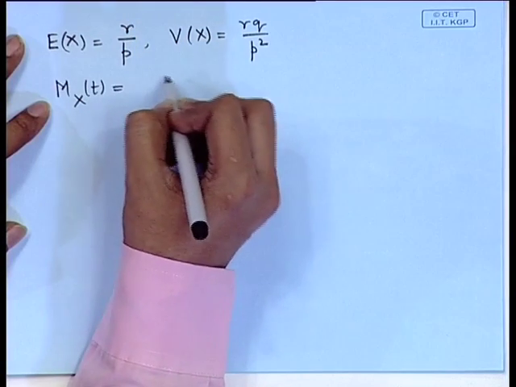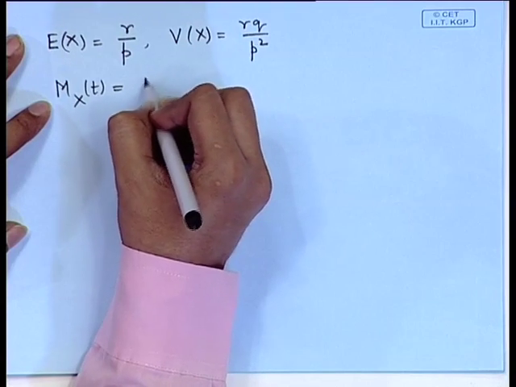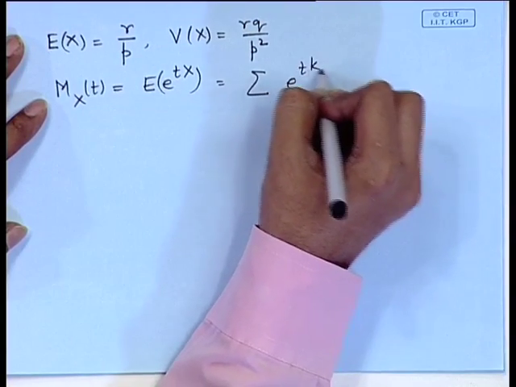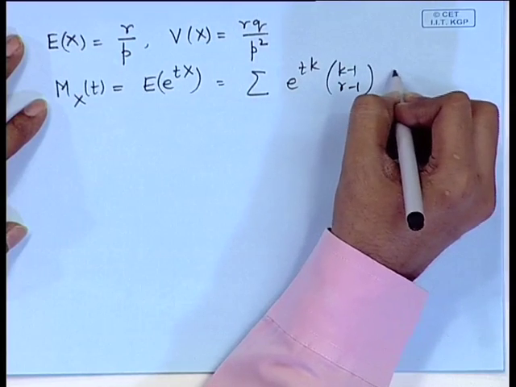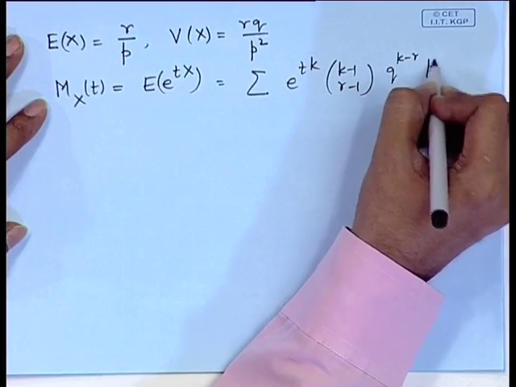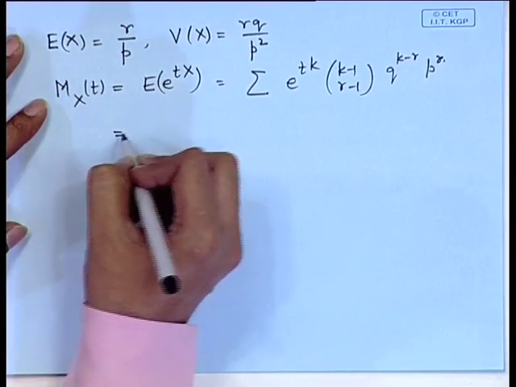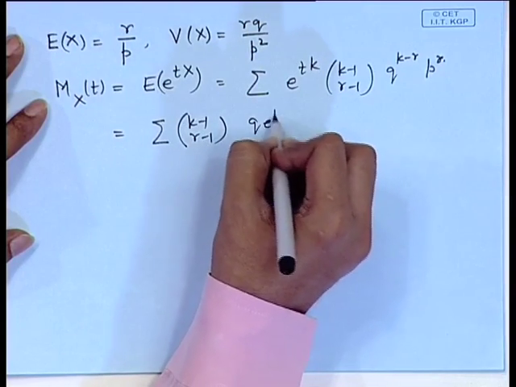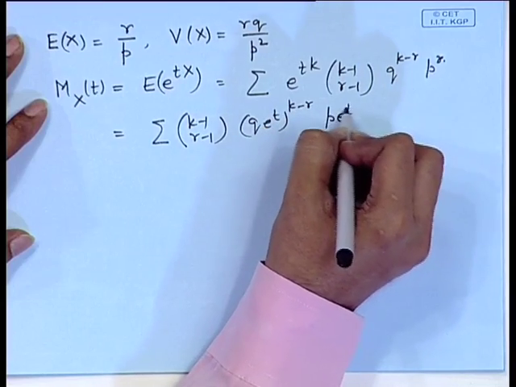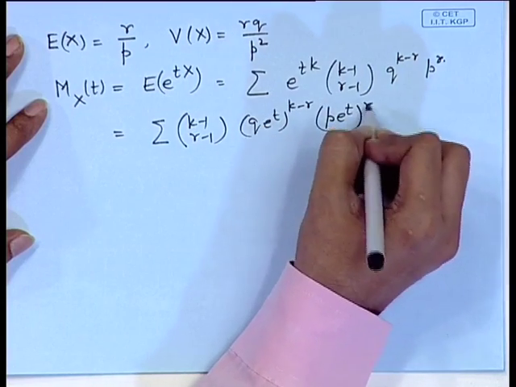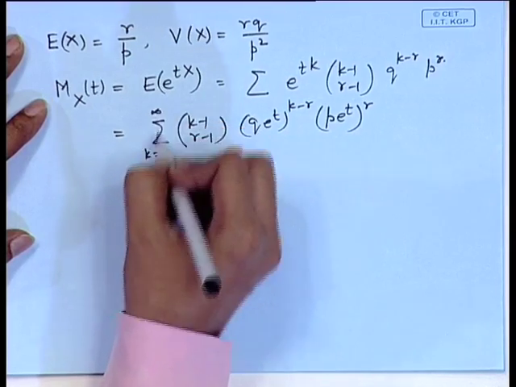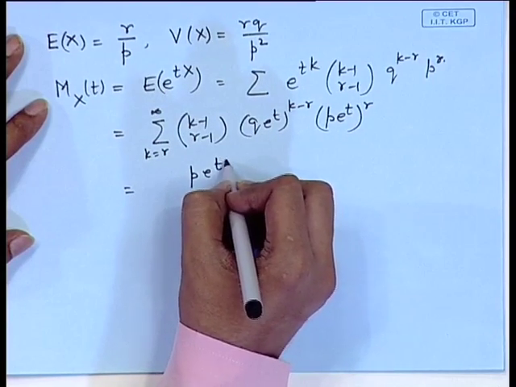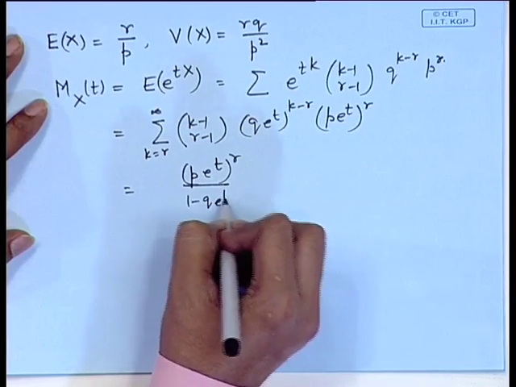We may look at the moment generating function, that will be expectation of e to the power t x, that is equal to sigma e to the power t k, k minus 1 c r minus 1, q to the power k minus r, p to the power r, that is equal to k minus 1 c r minus 1, q e to the power t to the power k minus r, p e to the power t to the power r, k equal to r to infinity, which is equal to p e to the power t to the power r divided by 1 minus q e to the power t to the power r.